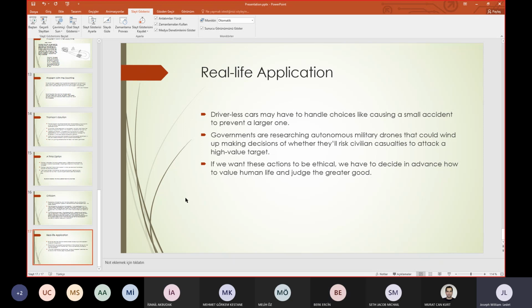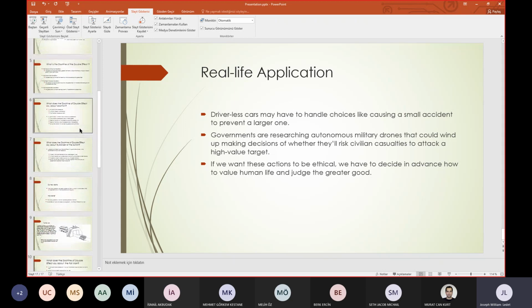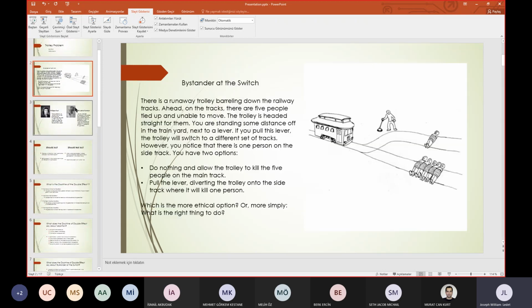So I'm trying to figure out how it was able to be seen as an unintended side effect, according to the doctrine of the double effect, if we know that that's going to result, if we know that's going to happen? Does that make sense?